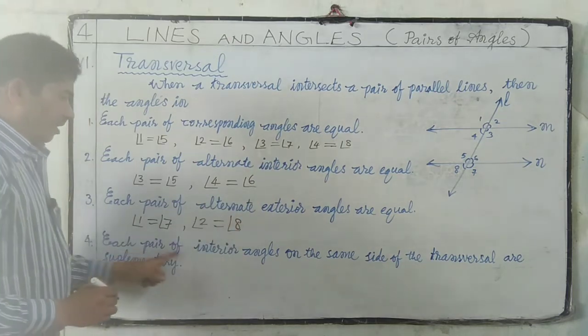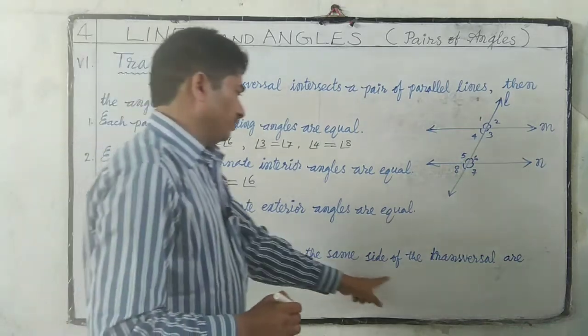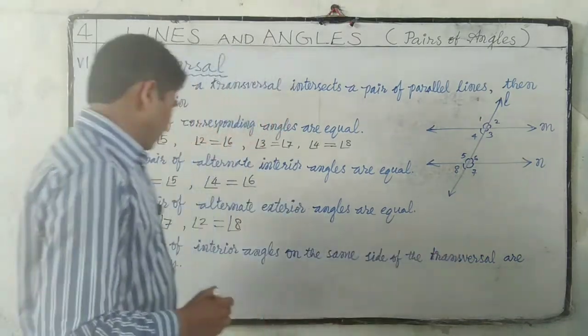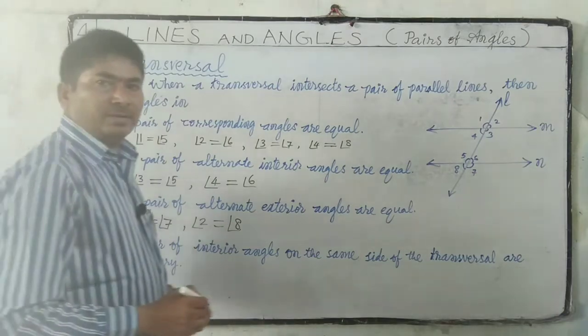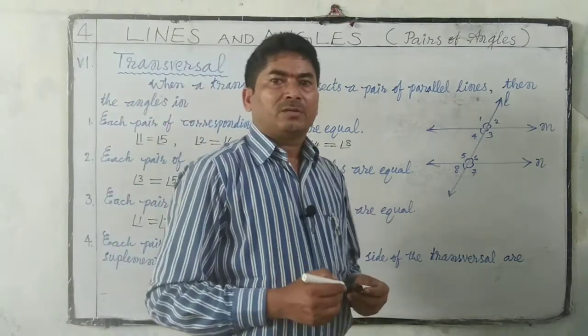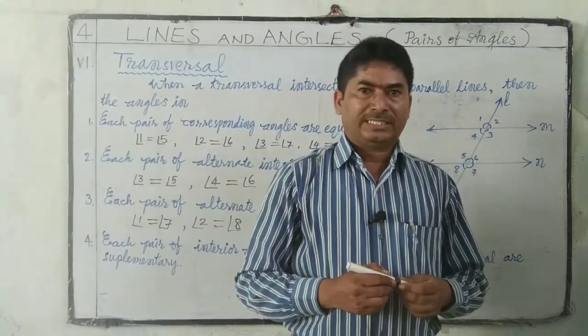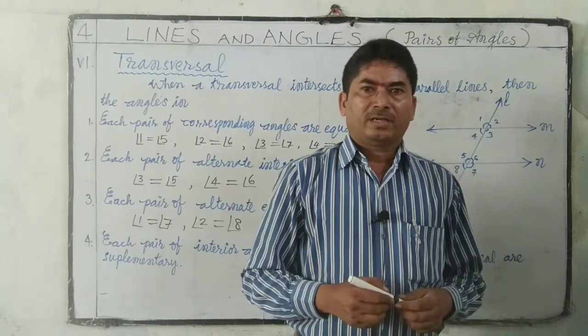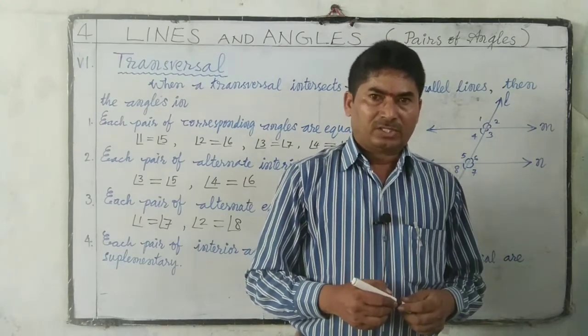Next, each pair of interior angles on the same side of the transversal are supplementary. Supplementary means if the sum of two angles is equal to 180 degrees, then the angles are called supplementary.